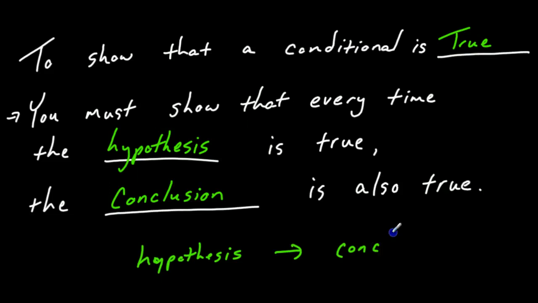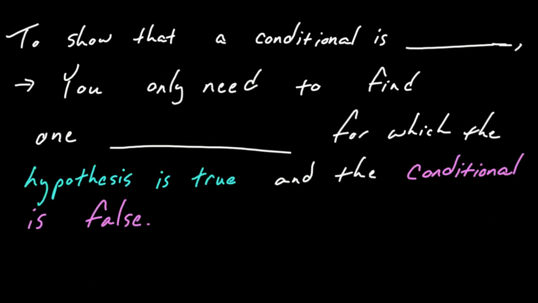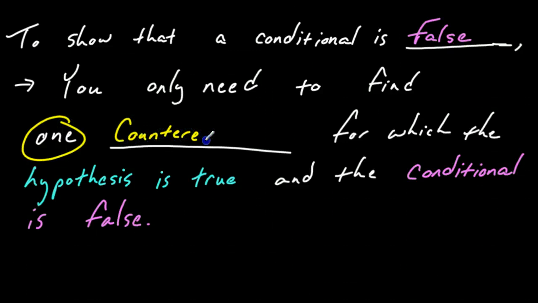However, to show that a conditional is false, all you need to find is just one counterexample. And in this counterexample, the hypothesis is true and the conclusion is false.